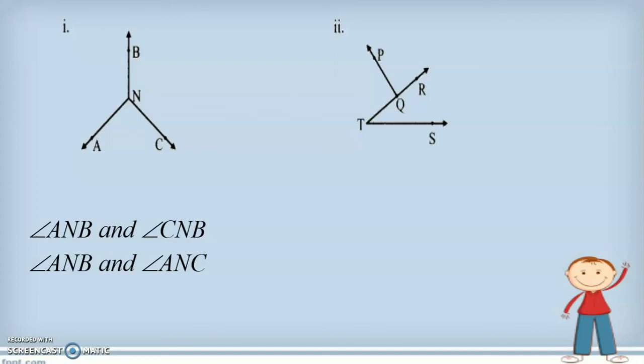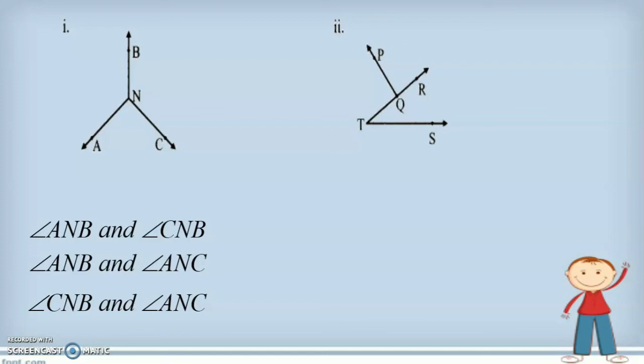And the third one is angle CNB and angle ANC, which has CN as the common arm, N as the common vertex, and angle CNB and angle ANC have separate interiors.